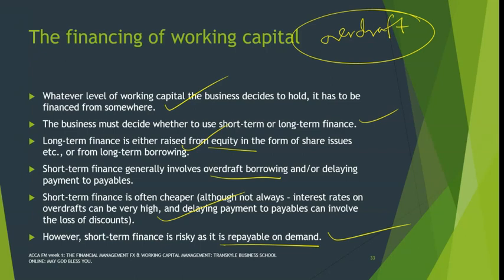Let's say your account has got $2,000, which belongs to you, but then the bank allows you to withdraw 5,000. So the overdraft there was 5,000 minus 2,000, that is 3,000. So they allow you to take that money. But the problem is, when they want it, they don't give you a notice. All right? When they want it, they just take it.